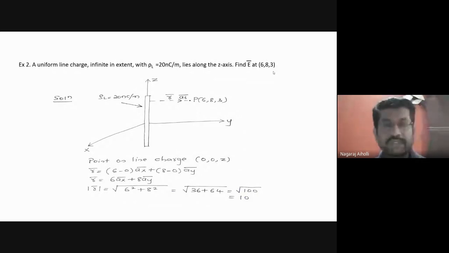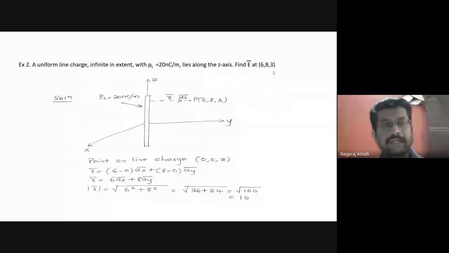Have you taken down the statement and the figure, students? Yes, sir. Okay, fine. It is similar to the previous example. A uniform line charge, infinite in extent.